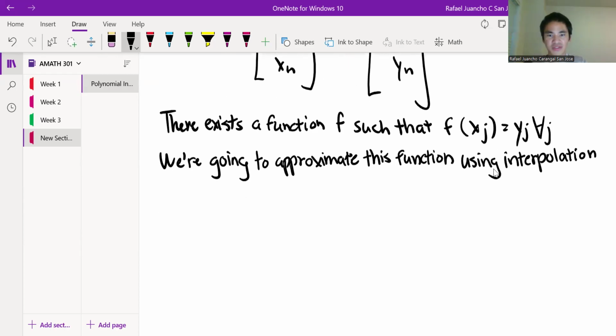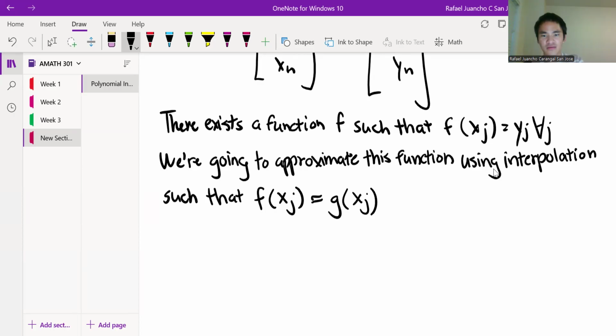We're going to approximate this using interpolation, such that this function is approximately some other function g, and we're going to get that yj value.